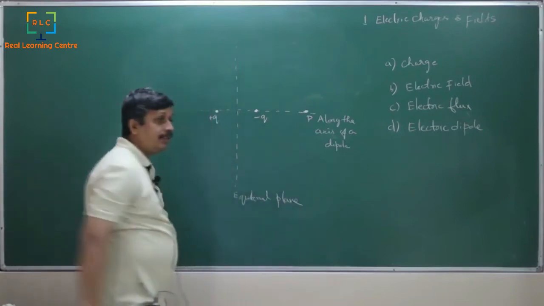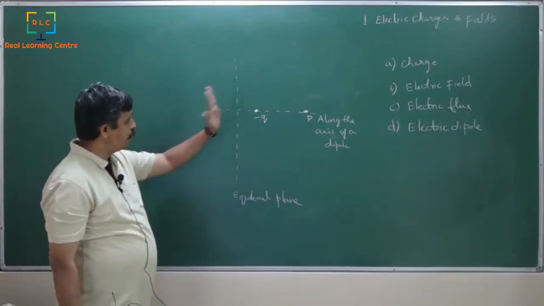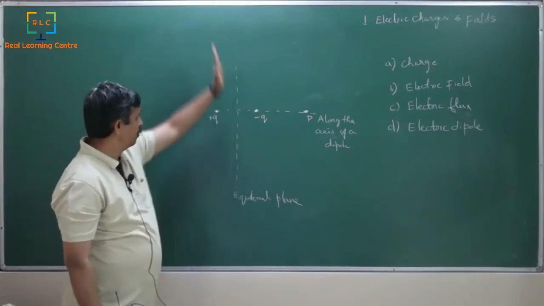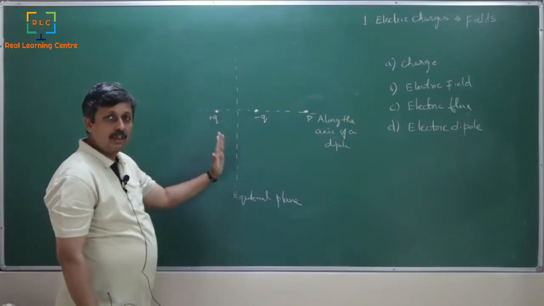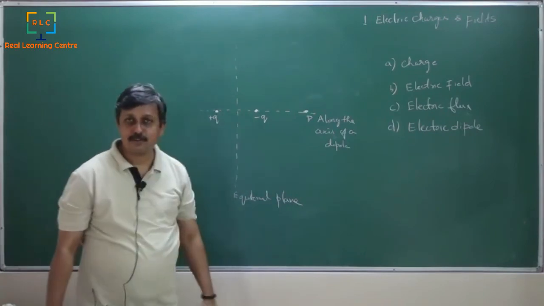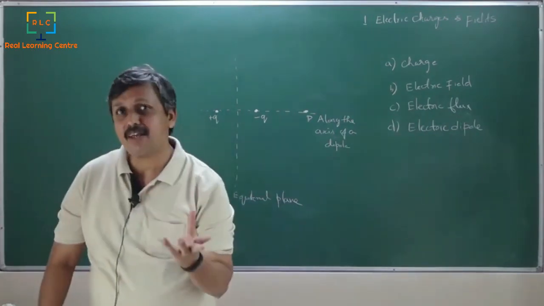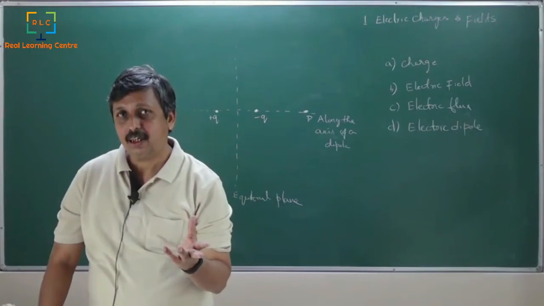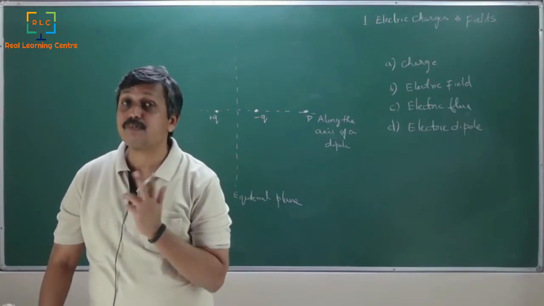What is the meaning of that? That means I have a plane cutting across this. So every point on that plane is equidistant from plus q and minus q. So there, how to calculate the electric field, we will see.